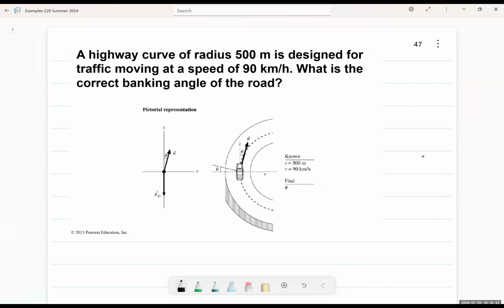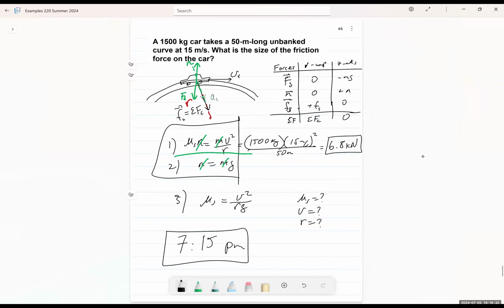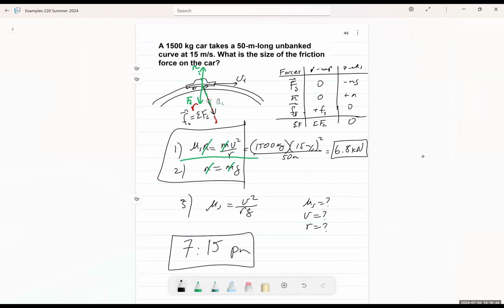All right, so now that we talked about the unbanked road, again, an unbanked road is something like this: a flat road, and the car goes around the flat road. The centripetal force is static friction pointing toward the center of the curvature.